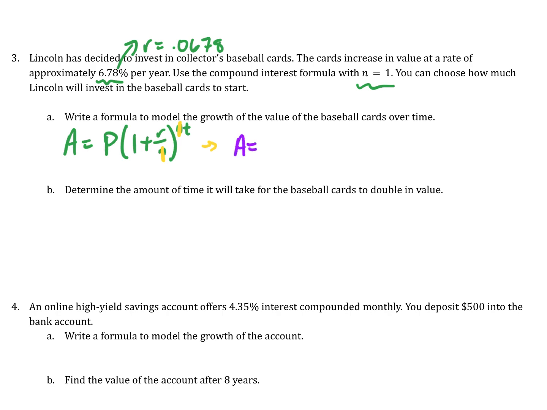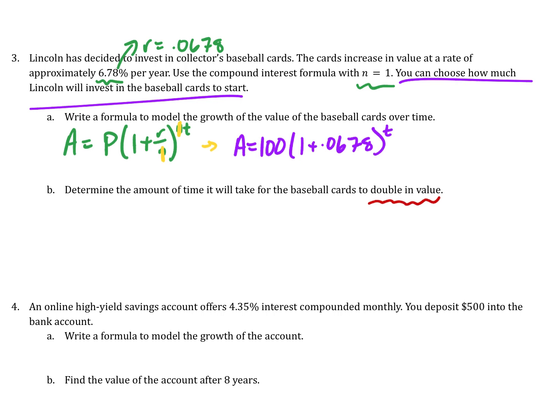So we'll just use A equals, oh, look at this, this is fun. You can choose how much he's going to invest. So let's choose 100. 1 plus 0.0678 to the t. The reason this is fun is that the doubling time is the same no matter how much you start with. It could be any other number because you could choose a different starting amount.